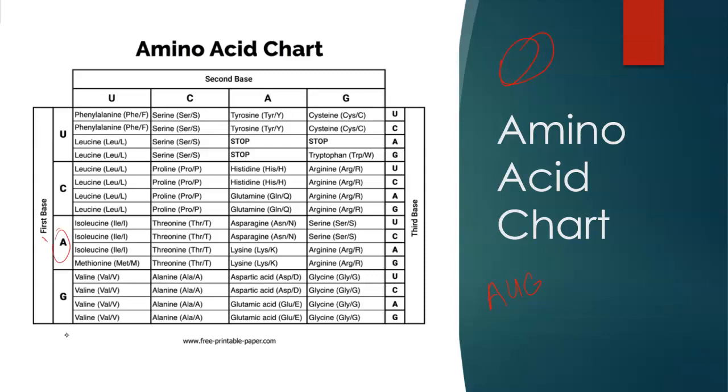So here's where the A was. Then we're going to find the second nitrogen base, which was a U, over along the top. So here's the U, so we know we're going to be in this entire box here, right? And then we look for the third one on this end, and we go over, and we know that AUG stands for the amino acid methionine.